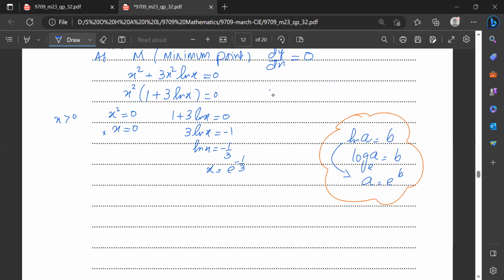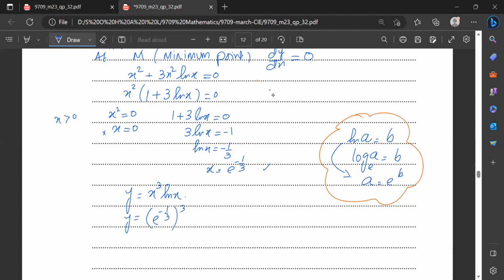So the coordinates of M were required. Put in the given function: y equals x cubed natural log of x. x is e to the power minus 1 over 3, calculated here.